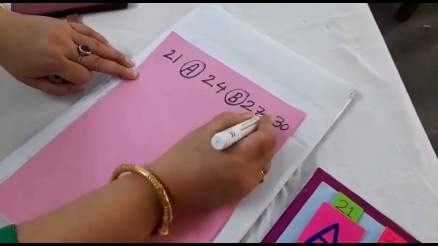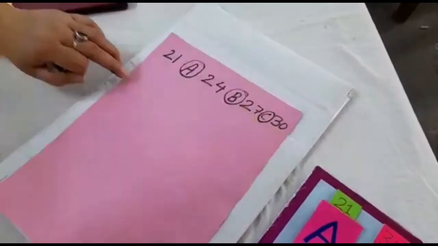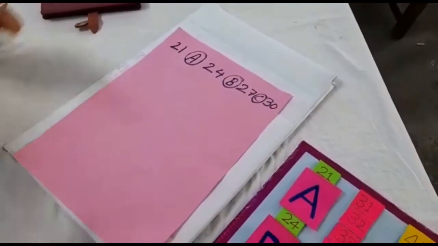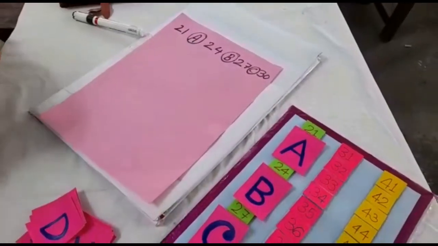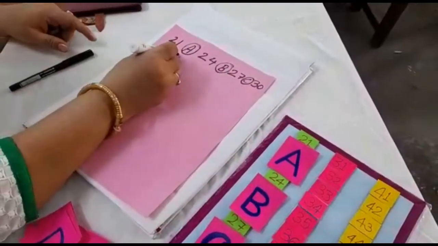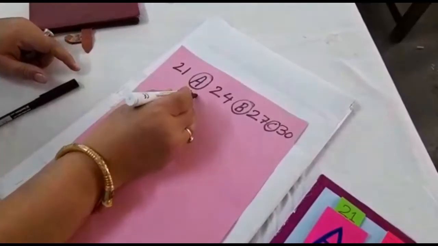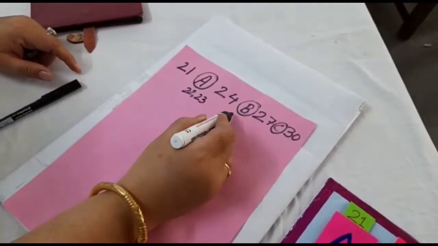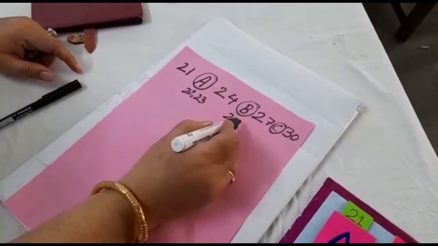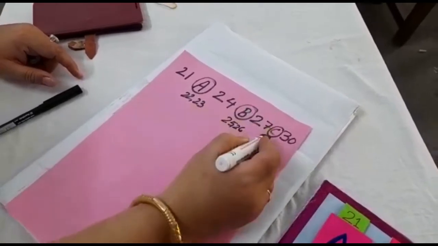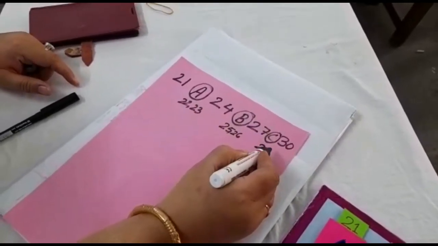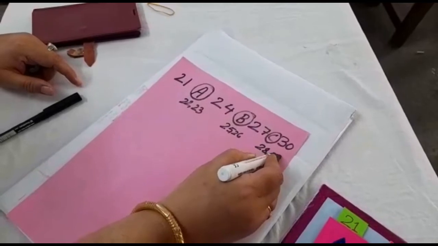Children, can you guess what numbers are hidden here? The numbers here are 22 and 23. Here the numbers are 25, 26. Here the numbers are 28, 29.